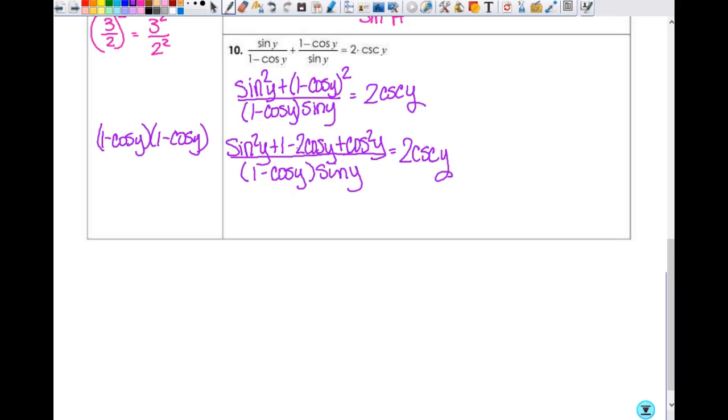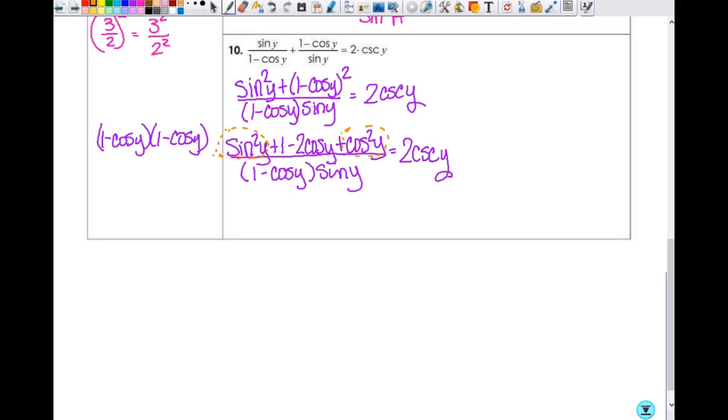But sine squared plus 1, maybe that could give me something. What else do I have? This sine with this, no, because there's addition and subtraction up here. Okay, but look, I got this and this. When you add those together, what do you get? 1. Isn't sine squared plus cosine squared 1? You agree with that? And so even though they're added, they're not right next to each other. You can add in any order, right?